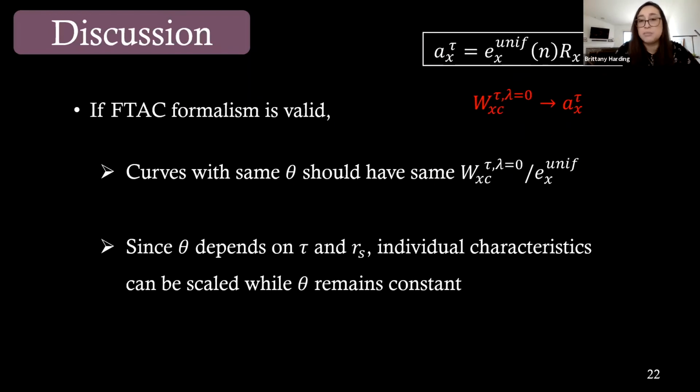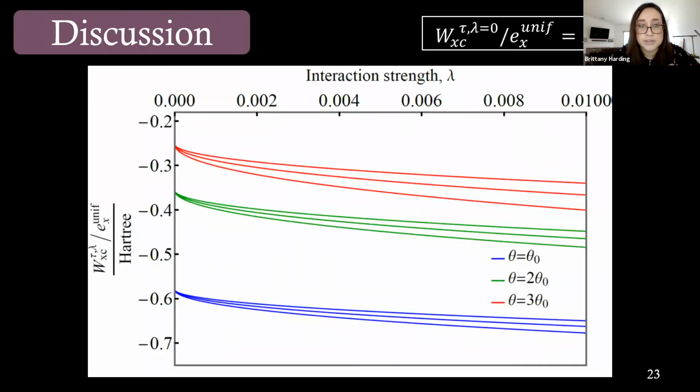So let's check if the method holds true. Will curves generated with the same electron degeneracy, if we take this ratio of WXC to the ground state exchange, line up? And sure enough, luckily they do. So this helps further validate our method. And we can see that the exchange increases with increasing electronic degeneracy.